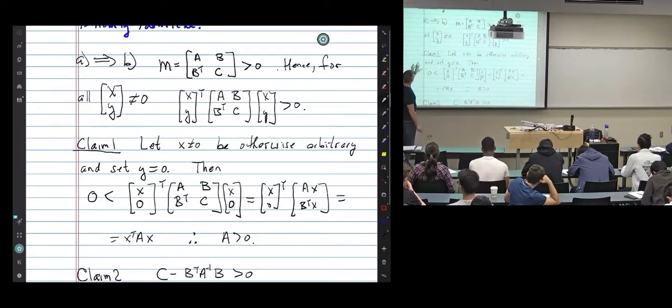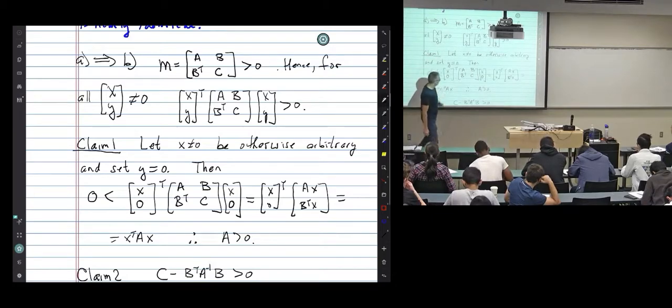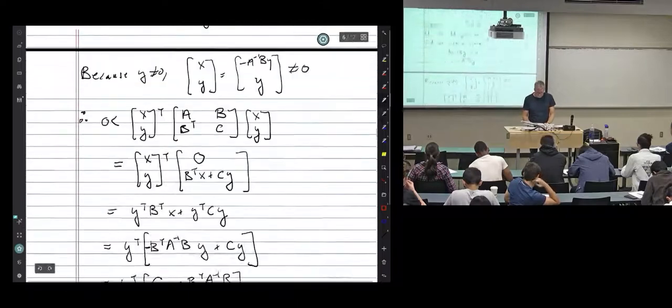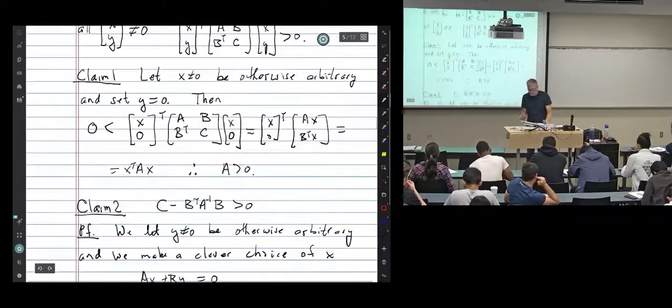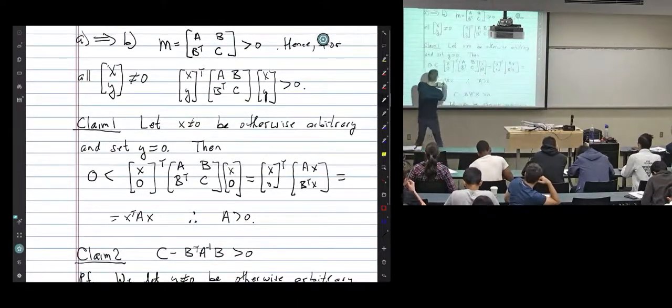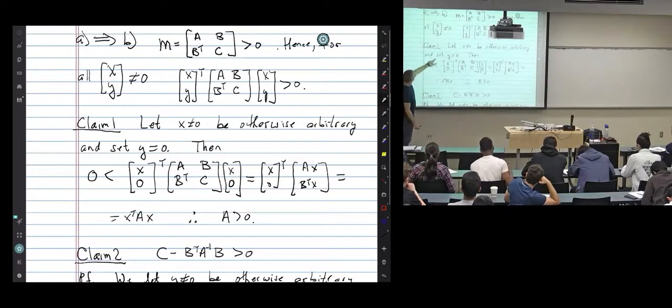So I just take special cases of this and I deduce other facts from that. And so back to your question, it's true for every x not equal to 0, this is positive, because x was arbitrary. And it's true for every y, this quantity is positive, because I let y be arbitrary and I choose a special x.